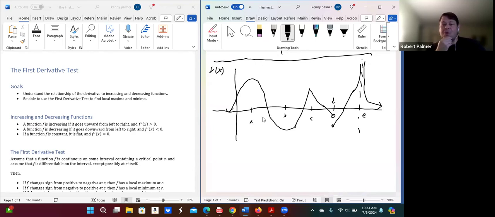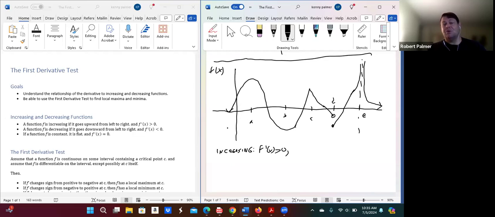So let's apply this to the general function here. Where this function is increasing, that means the derivative is greater than 0. Where is that? Well, basically here, in this first part, you see it's going up from left to right.